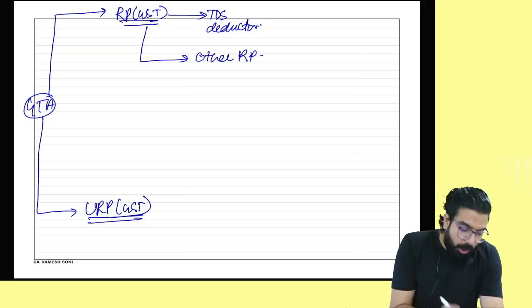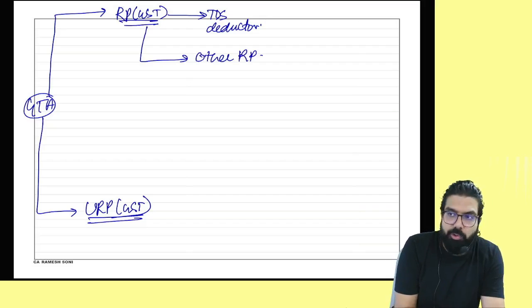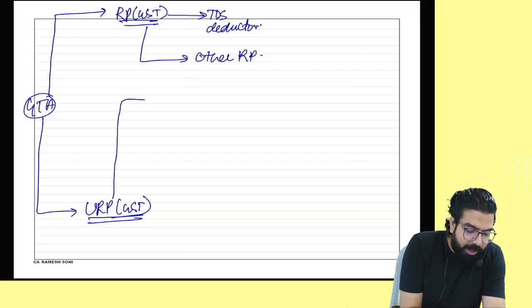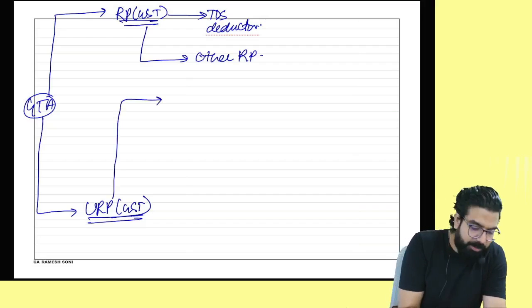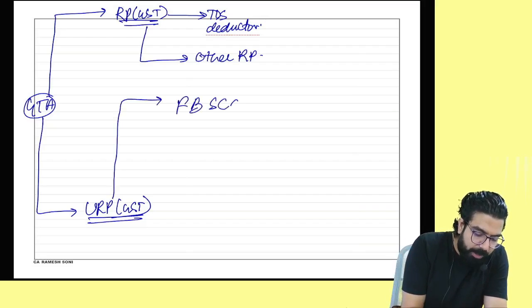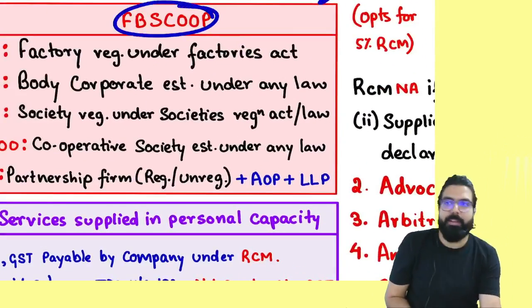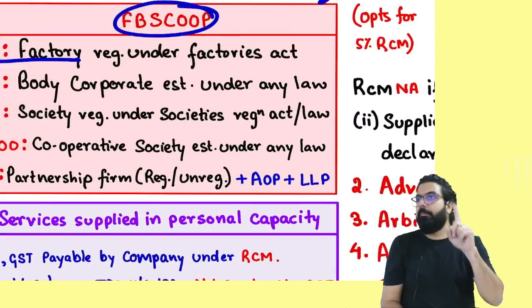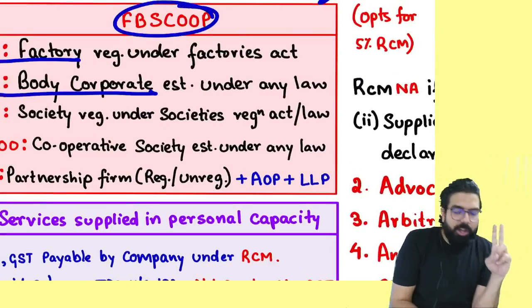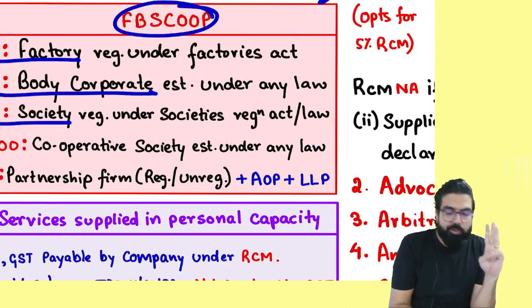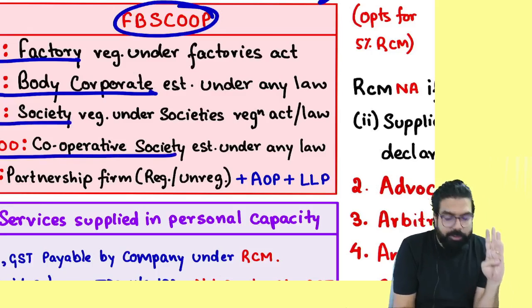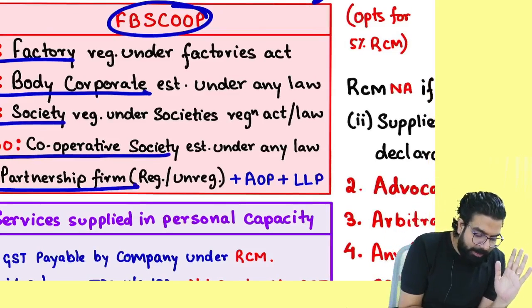Or if GTA is giving services to an unregistered person under GST, you have to remember that unregistered person is an FB scoop. FB scoop means F for factory, B for body corporate, S for society, CO for cooperative society, P for partnership firm.